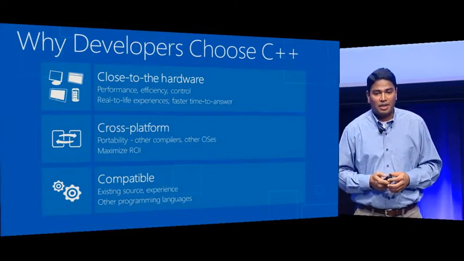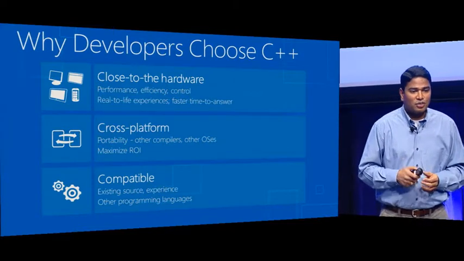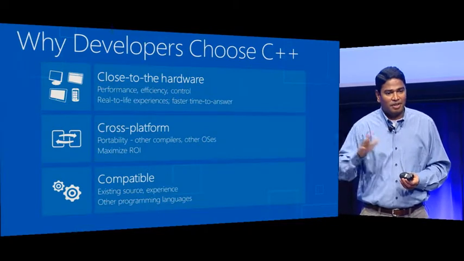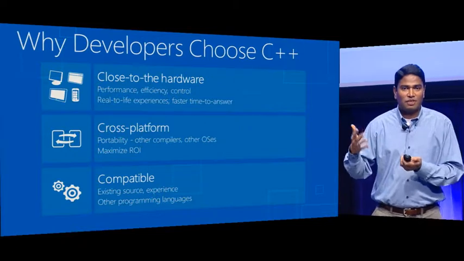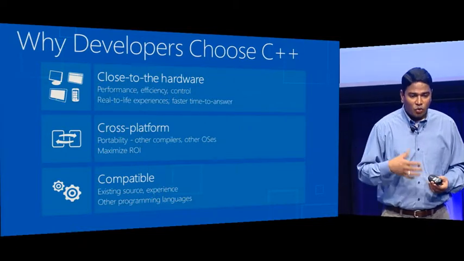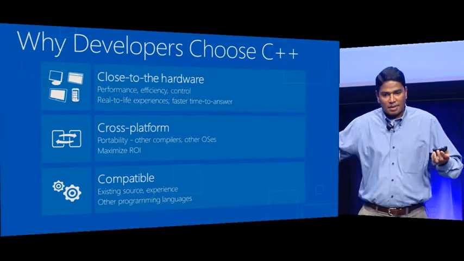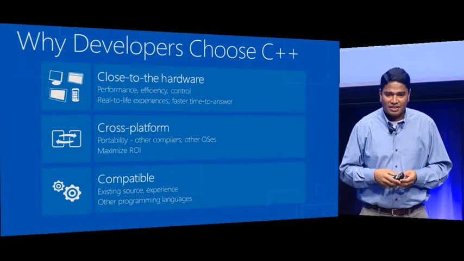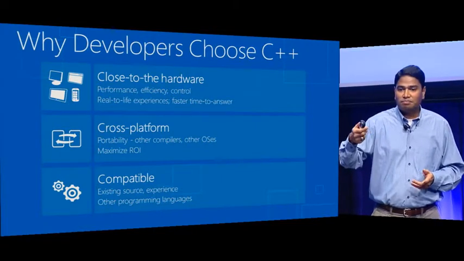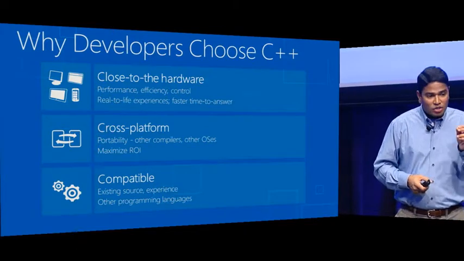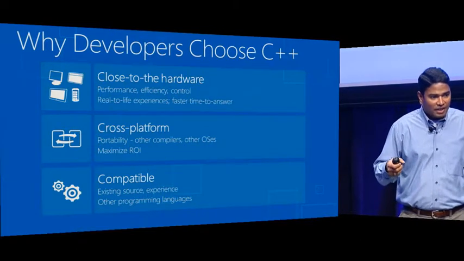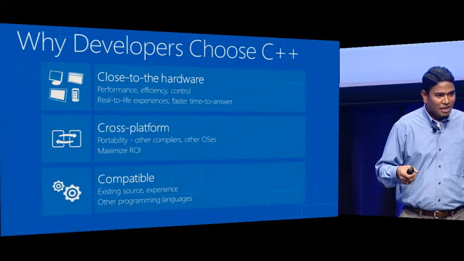But the topmost reason is closeness to hardware. By that, I mean a lot of different things. People obviously know what the first one means, the performance, right? You want X amount of computation to happen in a very fast manner, so you use C++. C++ is very good at that. You want to efficiently use all the hardware that is available at your disposal.